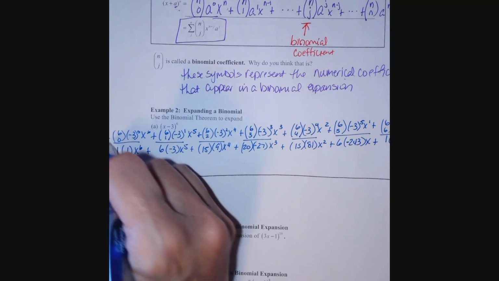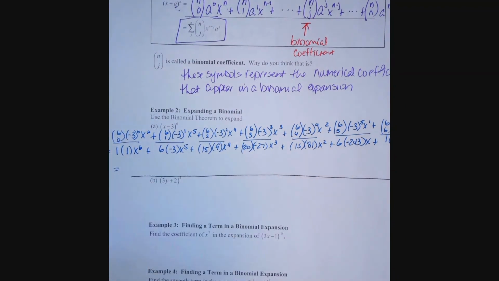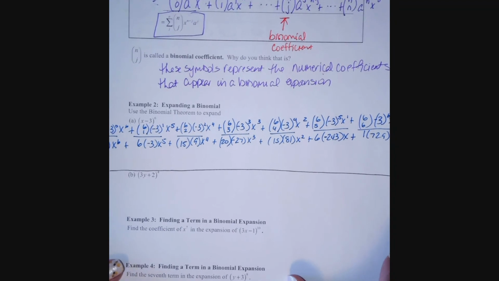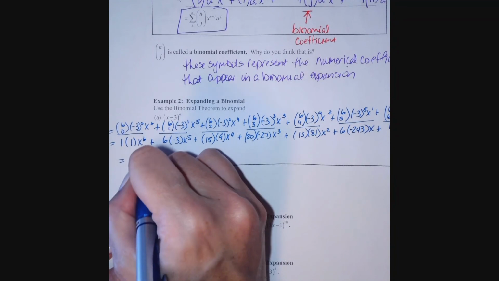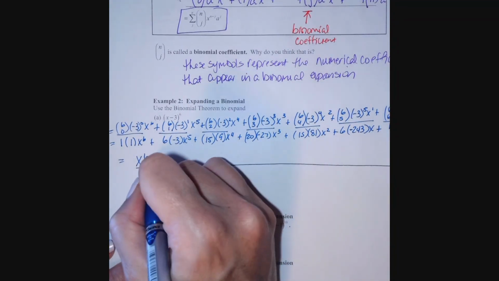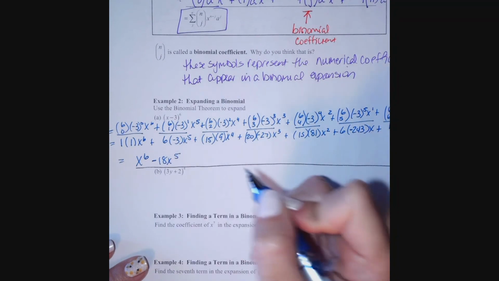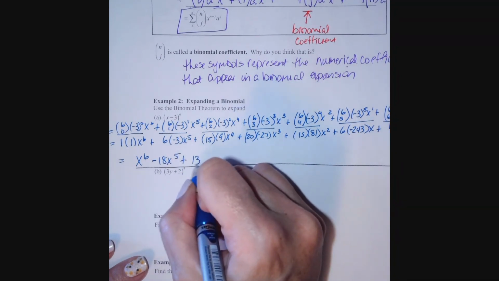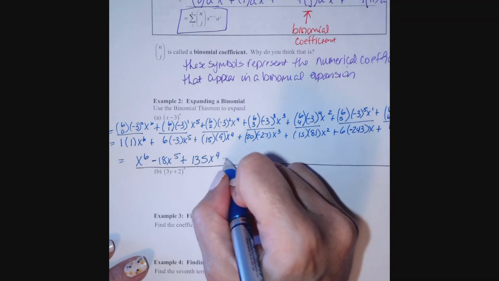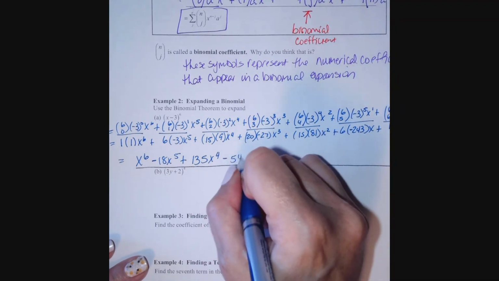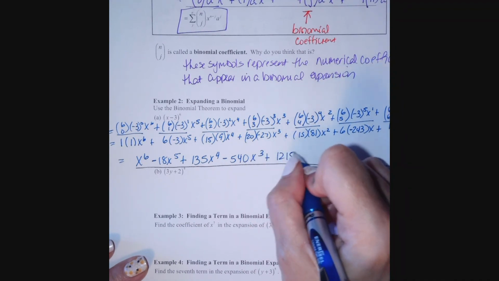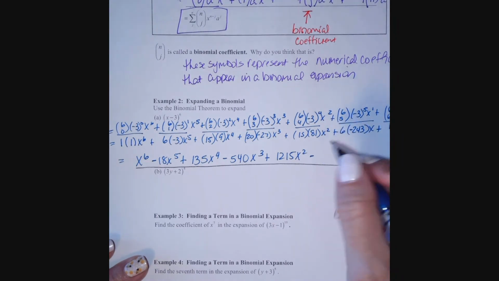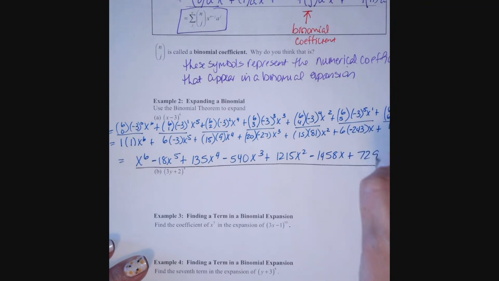All right, let's put this in the terms we need. See, I told you I can't make it all fit. Okay, so my first term is x to the sixth. My second term is a negative 18x to the fifth. And then I have a positive 135x to the fourth, a negative 540x cubed, a positive 1215x squared, and then a negative 1458x, and a positive 729.